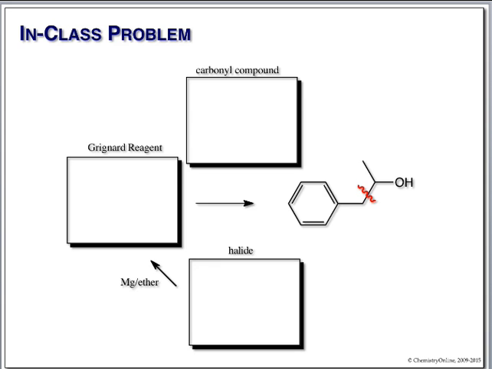So let's start off by splitting here. If we split on this side of the OH group, that means that this 2-carbon chunk was our carbonyl compound, and that the rest of this came from our Grignard. The 2-carbon chunk, it's a secondary alcohol, so it was an aldehyde, and it is simply acetaldehyde.